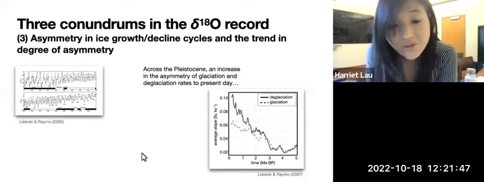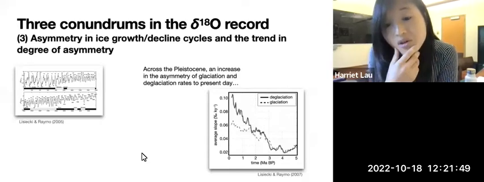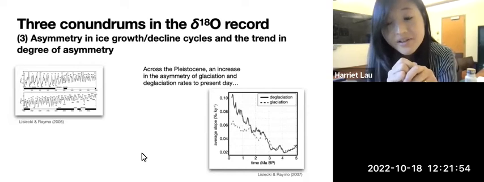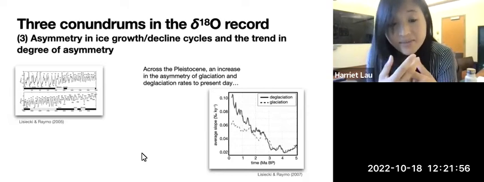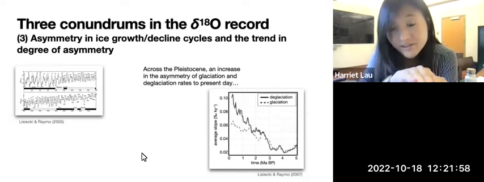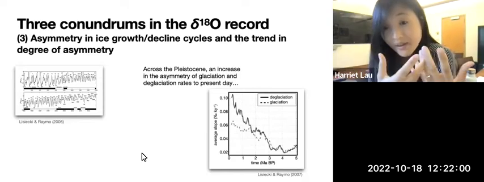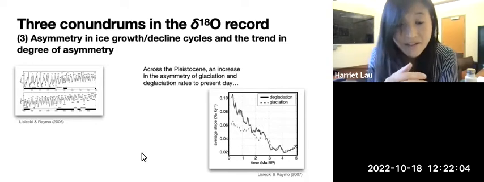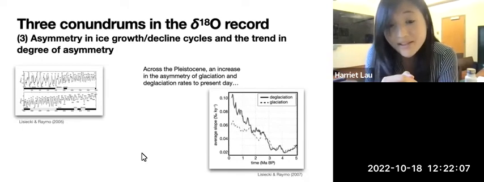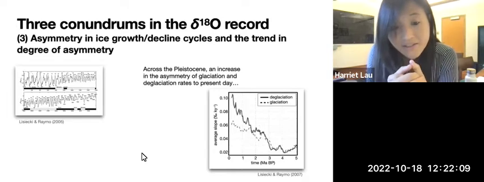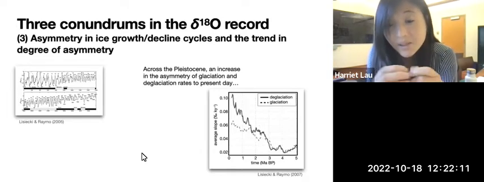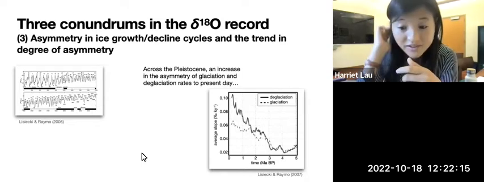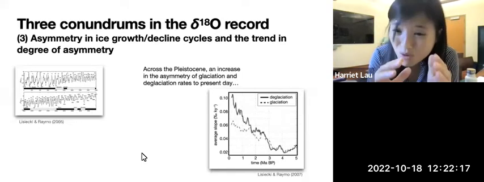The final conundrum that I'll address is the asymmetry in the rates of ice growth and decline within a single cycle. The ice ages in the last million years are characterized by slow growth and rapid decline, giving them that classic sawtooth pattern. I mentioned that earlier. This wasn't always the case throughout the Pleistocene. Over the Pleistocene, the ice age cycles have become increasingly asymmetric, where in the early Pleistocene, growth and decline were roughly symmetric.